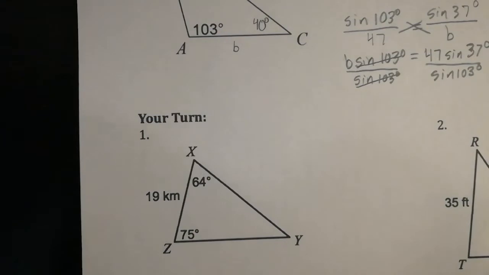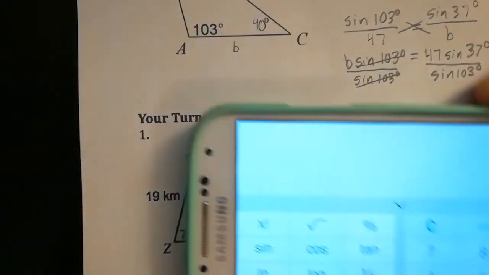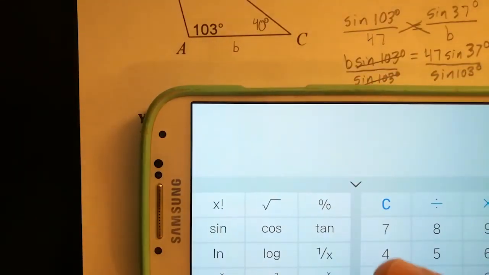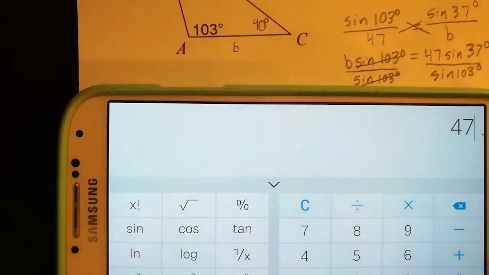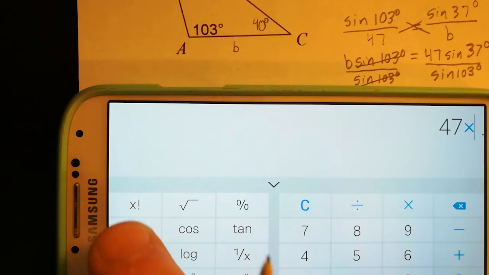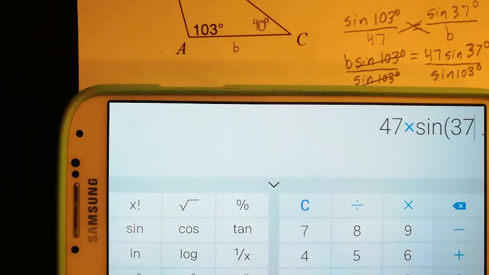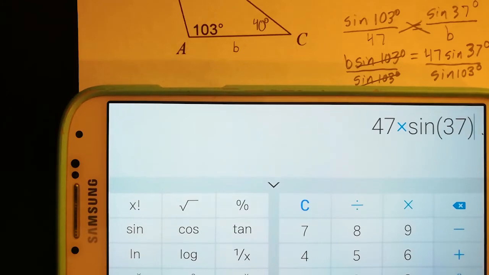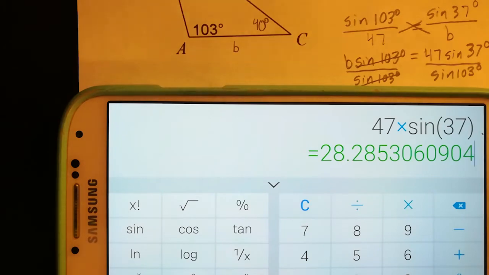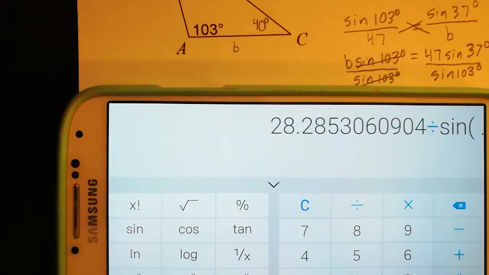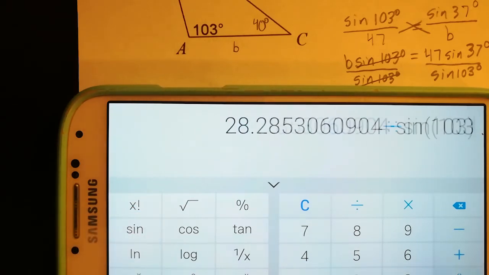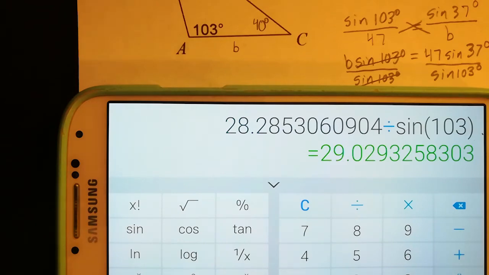I just have my phone calculator today. So we're going to get 47 times sine 37, and that equals. I'll just hit equals, and so we get that, and then we want to divide that by sine 103, and we get about 29.029.